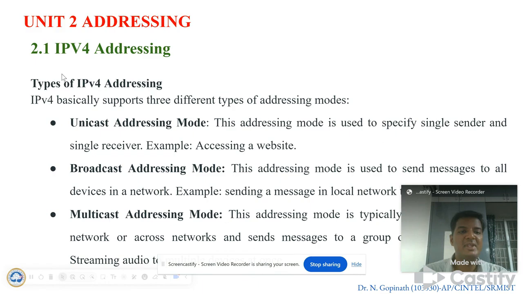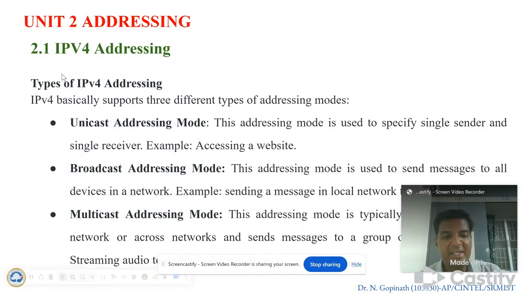Types of IPv4 addressing. The first category is the unicast addressing mode. This addressing mode is used to specify a single sender and a single receiver. Example, accessing a website. Broadcast addressing mode. This addressing mode is used to send messages to all devices in a network.